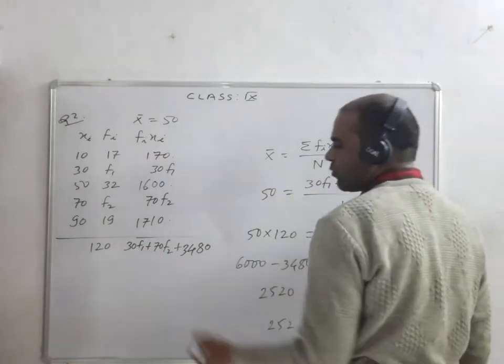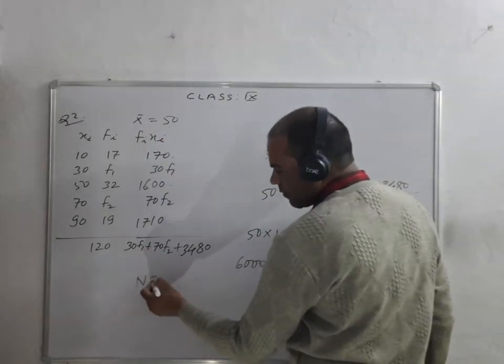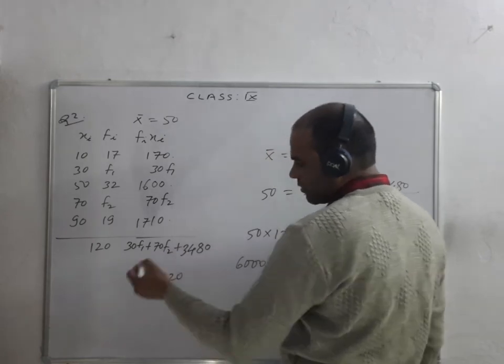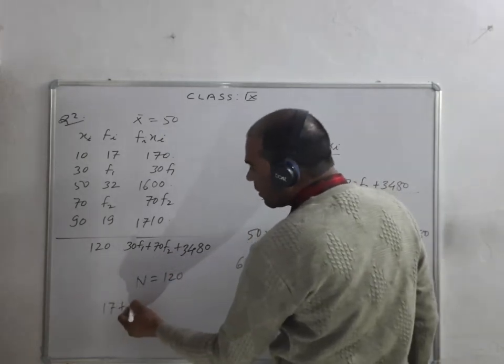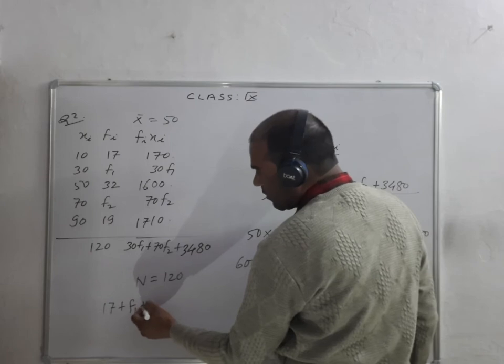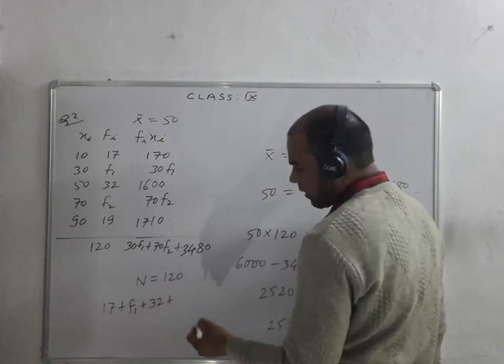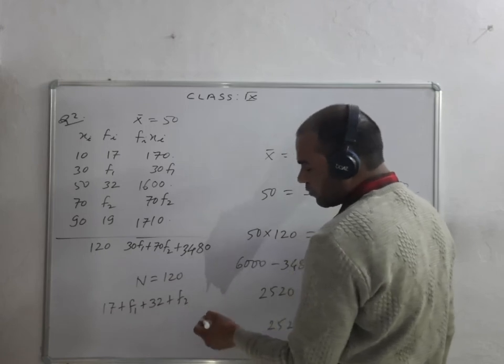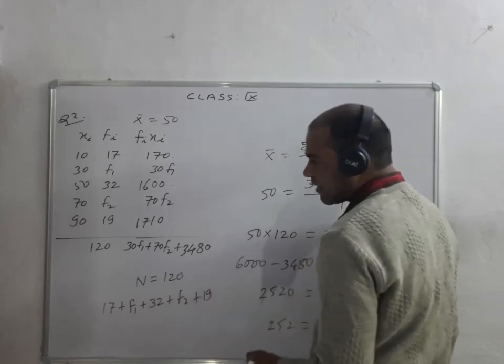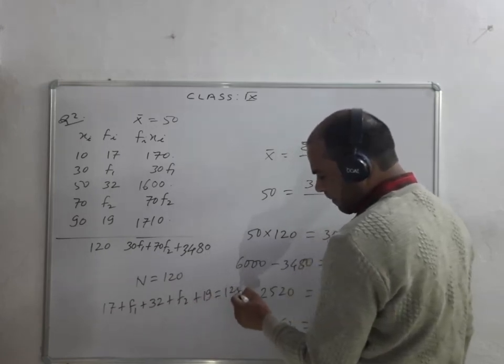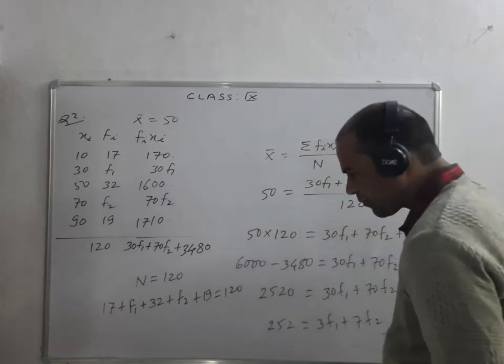Next, n is the sum of frequency. n equal to 120. Sum of frequency is 17 plus f1 plus 32 plus f2 plus 19 equal to 120.